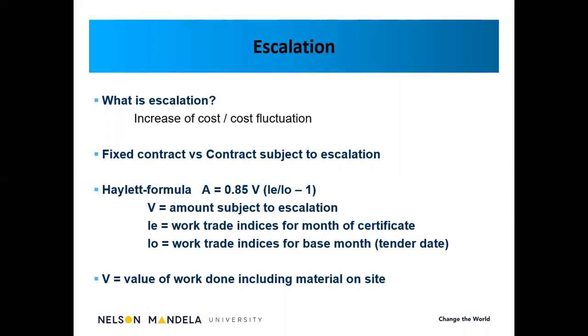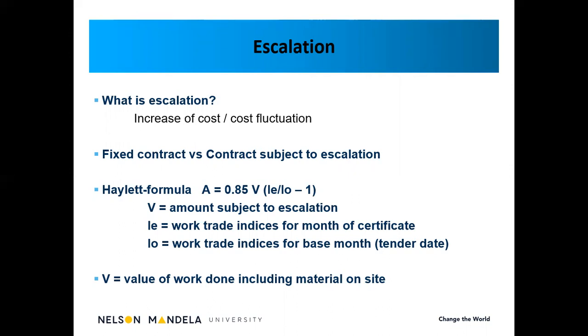The formula that we're going to use to calculate the escalation, and we will calculate escalation per work group, is called the Hallett formula. It was developed by a well-known quantity surveyor some years ago.